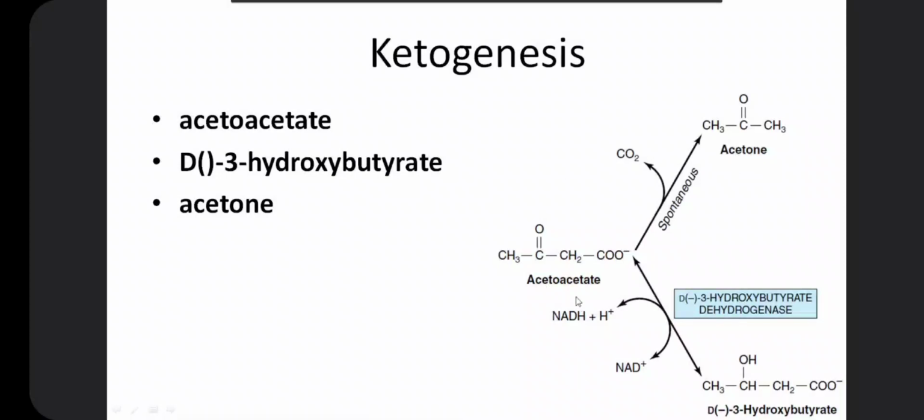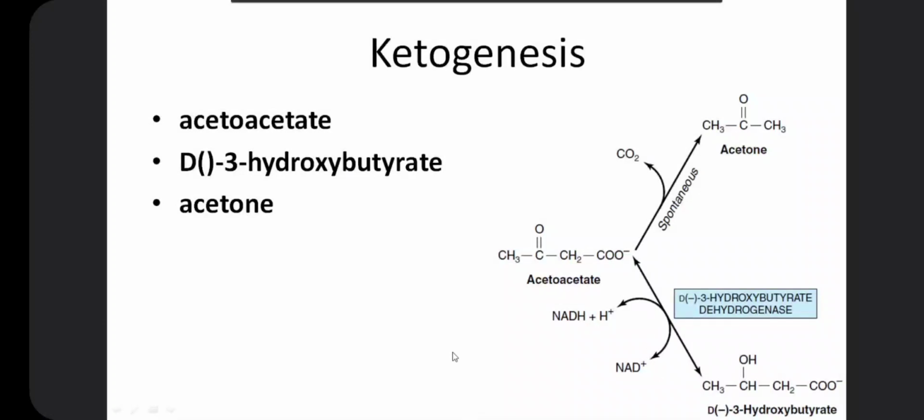And this acetoacetate, hydroxybutyrate and acetone are known as ketone bodies, right? And the acetoacetate and hydroxybutyrate can be released into the bloodstream because they are water soluble and can be transported in blood to extrahepatic tissues.